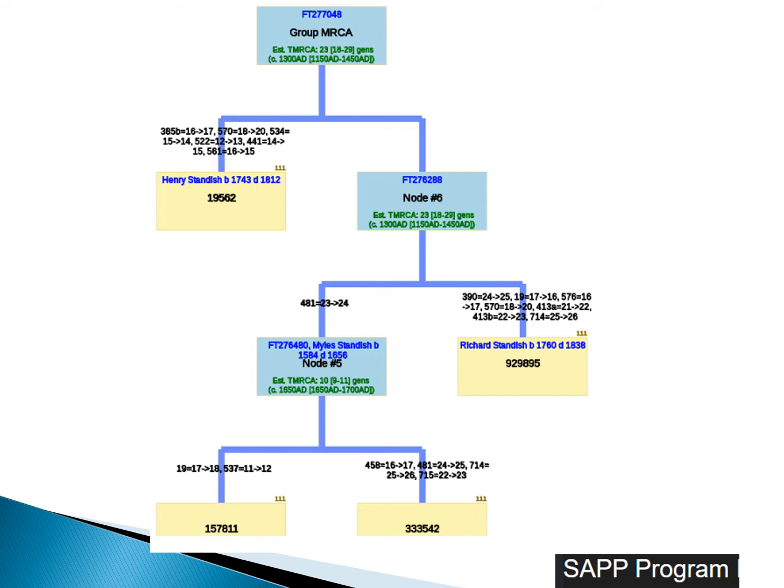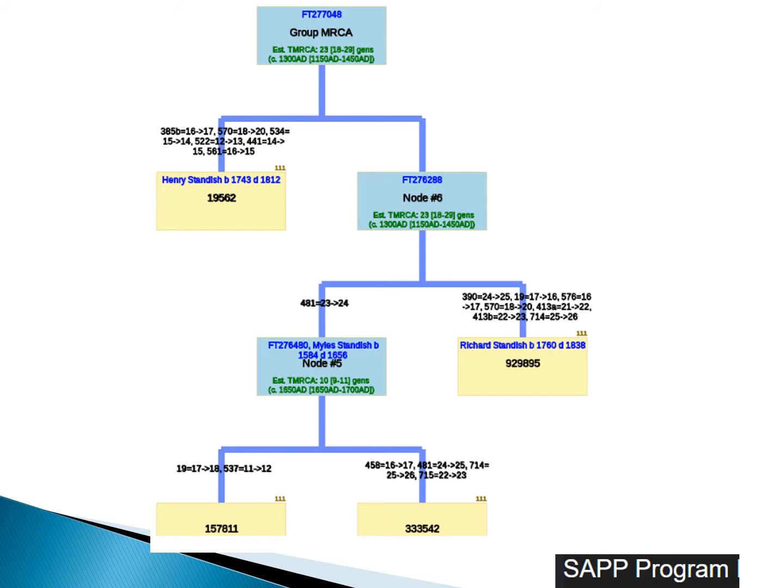The lines are thicker, indicating SAP has more confidence in the mutation history tree levels. The generations to the most recent common ancestor for descendants of Henry and Richard Standish are about the same, 23 generations in about 1300 AD.